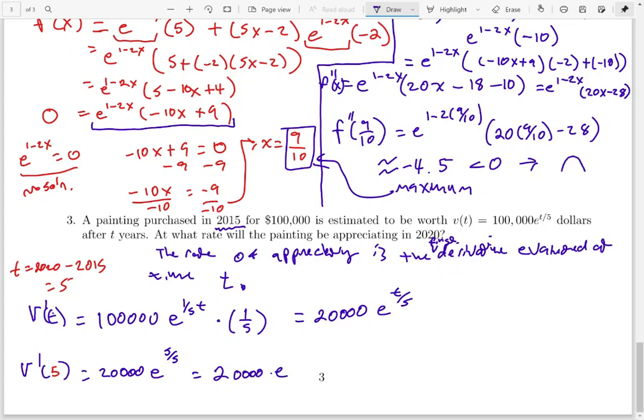Well, your calculator does have an e button, so that's 20,000 times e raised to the first power, or approximately $54,365.64.